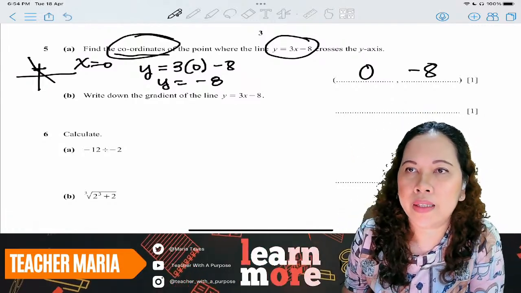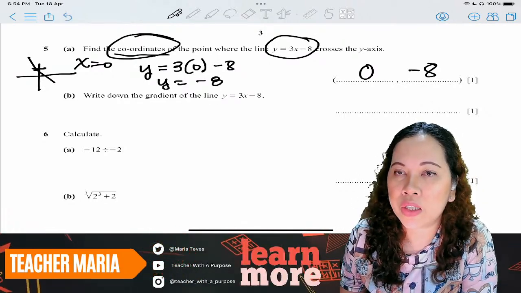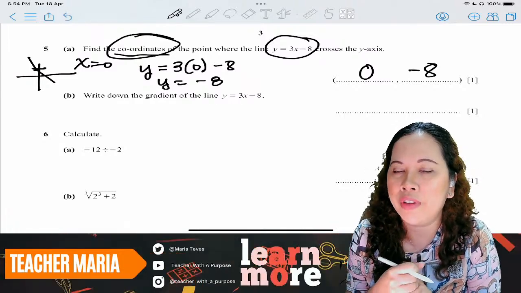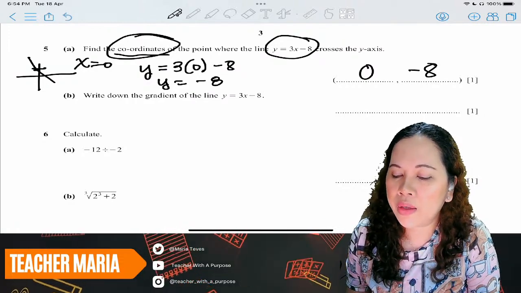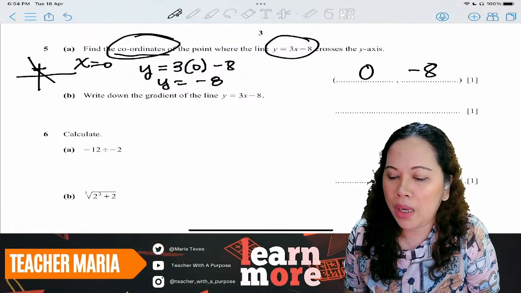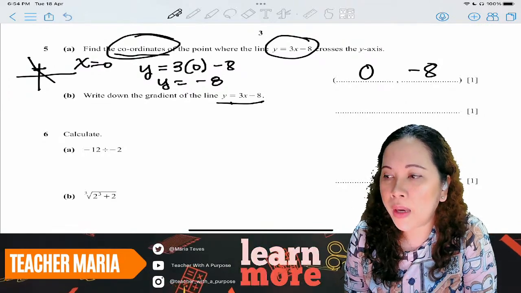All right. So that is the answer for this question, and so we have that as our final answer. Now, if you are asked to write the gradient of this line, you have here y equals 3x minus 8.